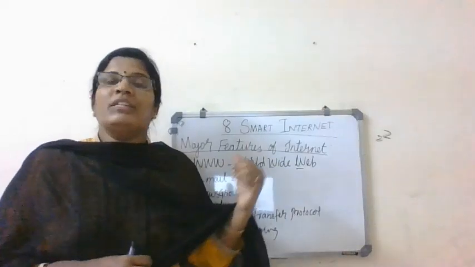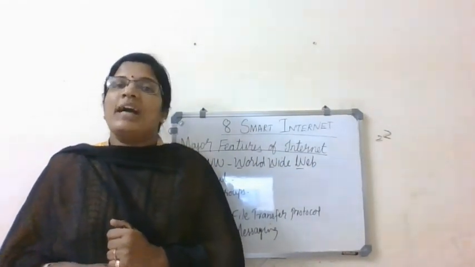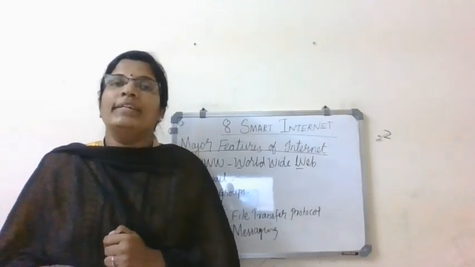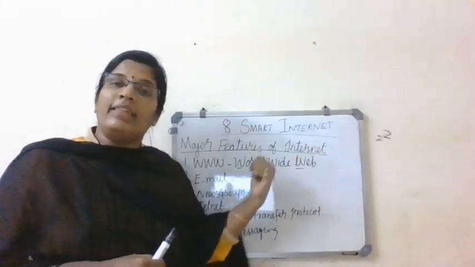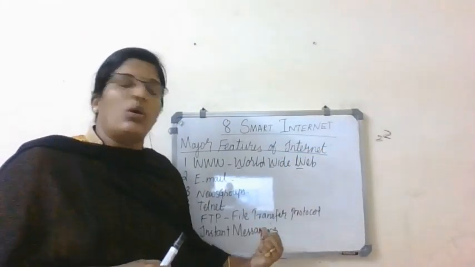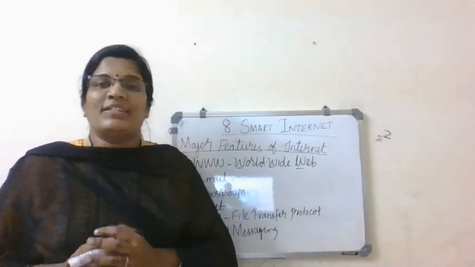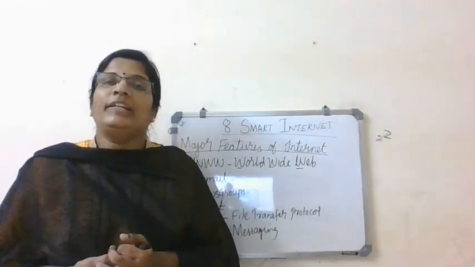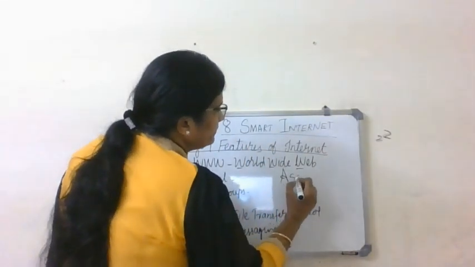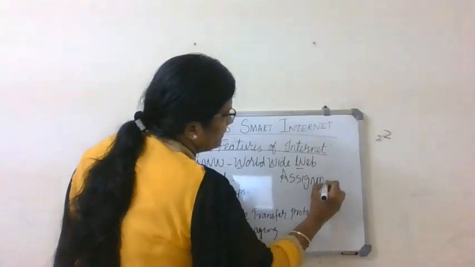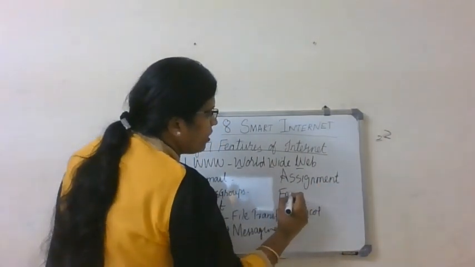So from this topic I would like to give you an assignment. The assignment is, you have to list out the important features of the internet other than these. You can include these also, but in total I need a minimum of 12 features of the internet. That is the assignment.